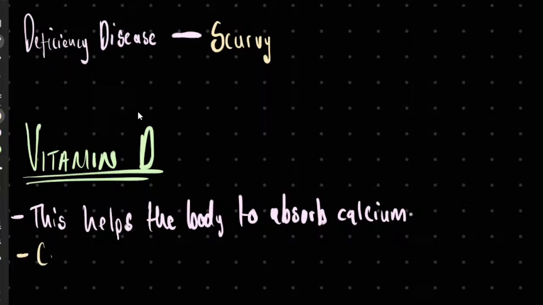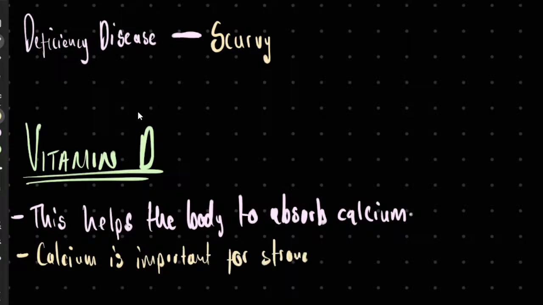Okay, and say calcium is important for strong bones and teeth. Without vitamin D, your body cannot absorb calcium. Your body needs calcium. If you don't have calcium, you can't have strong bones. If you don't have calcium, you can't have strong teeth.